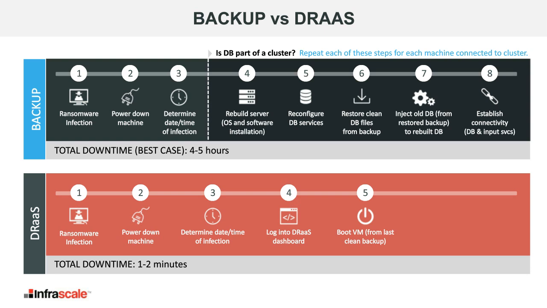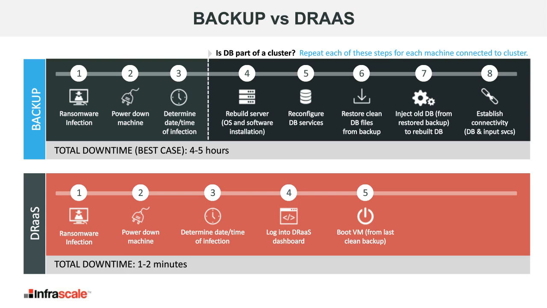If you have a backup system, you'll need to find a clean point from which to restore. You need to get the hardware to recover, set up the machine, recover that data, and when all is done, test it for viability. If it's not viable, then you need to start over before restoring production. That's why 4 to 5 hours is the best case scenario to deal with all the steps involved.